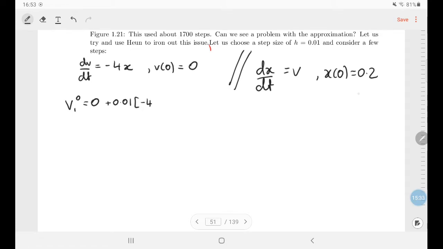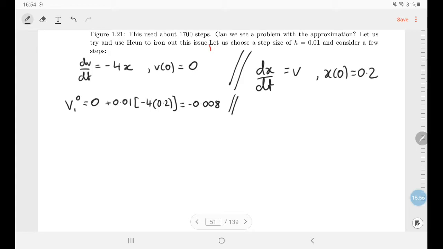The previous x is 0.2. You actually have to calculate both predictors here. And this is equal to, I really should be able to do this in my head, 0.08. Does that sound right? It does, doesn't it? Yeah.